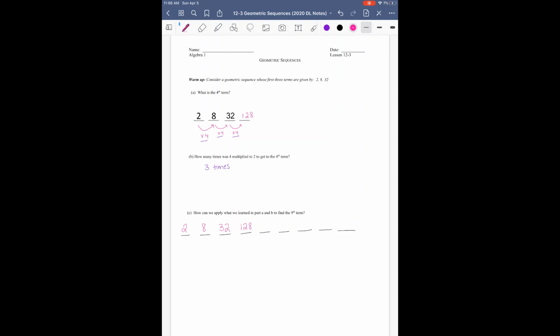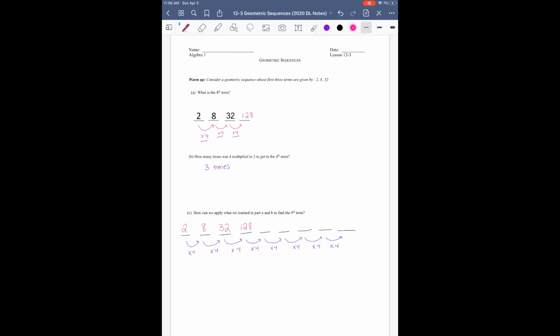And if I continue multiplying by 4, I can get the ninth term. So let's try this out. Times 4, times 4, times 4. And I'm just going to keep on multiplying by 4. I'm just going to write out this pattern just to help me figure out the next term.